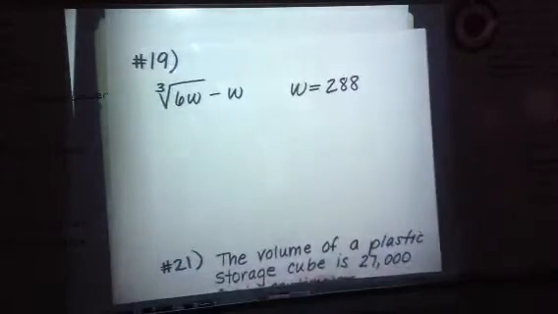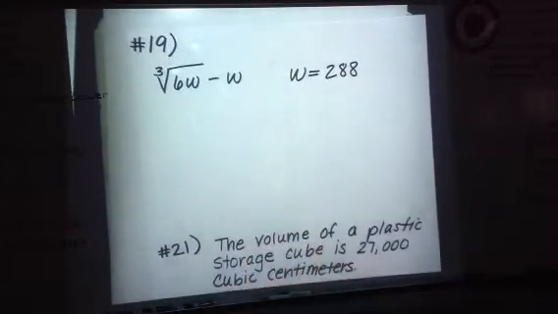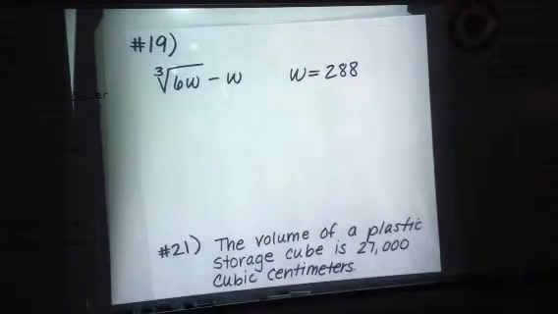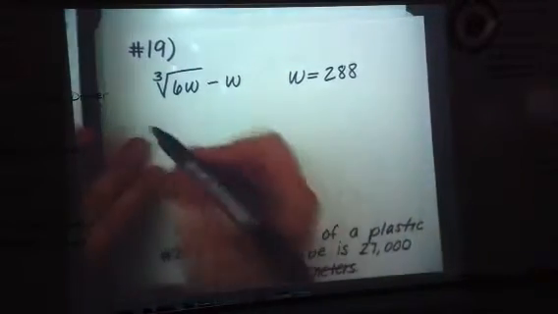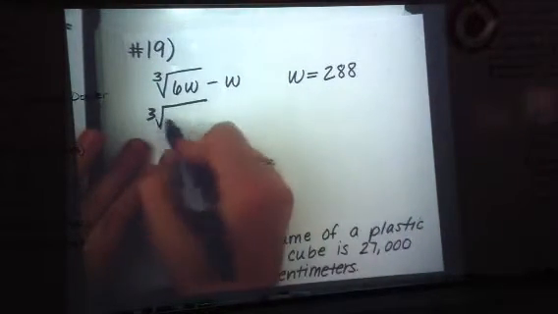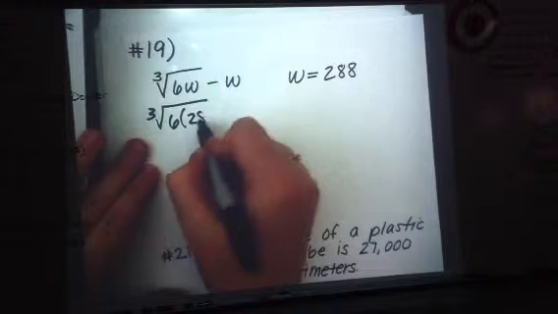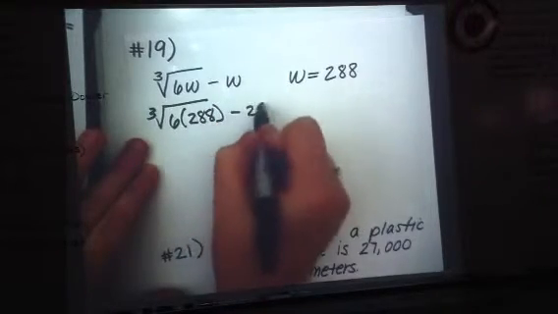Alright, 19. 19 is going to be where we are going to replace some values with variables. So our variable is w, and every time we see a w, we're going to replace it with 288. So let's go ahead and rewrite it so it's correct. So I have 6 times 288 minus 288.